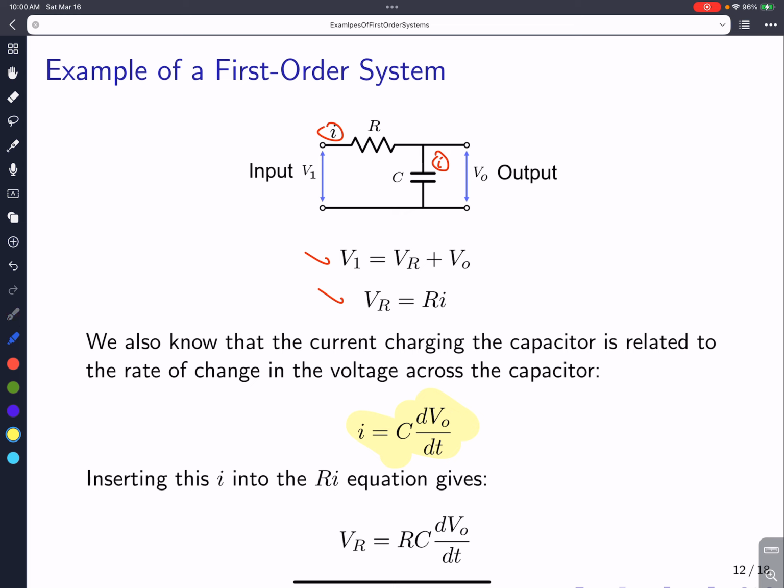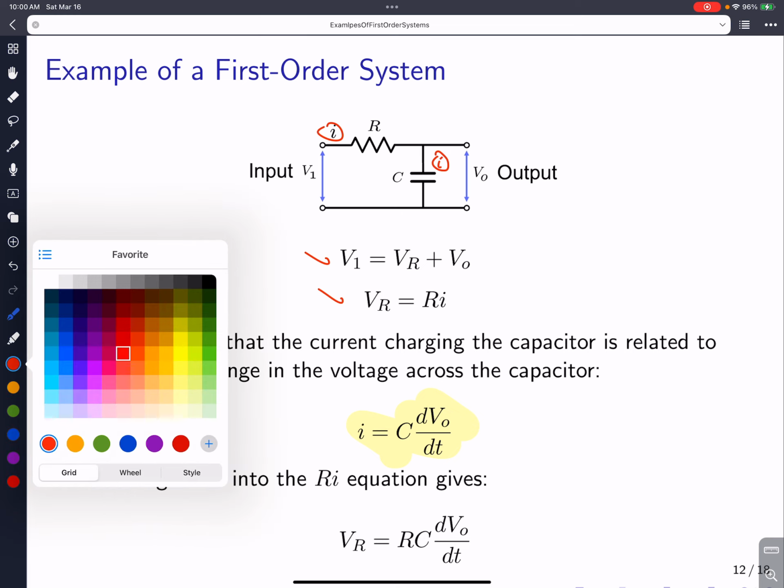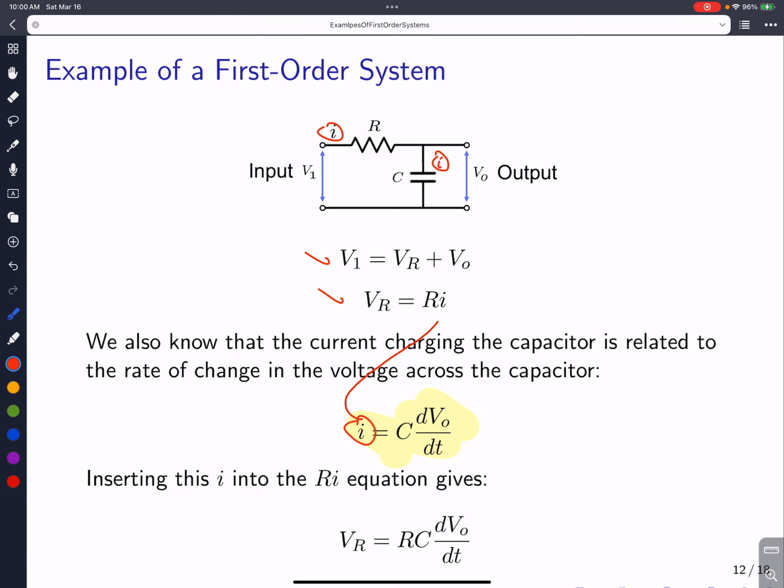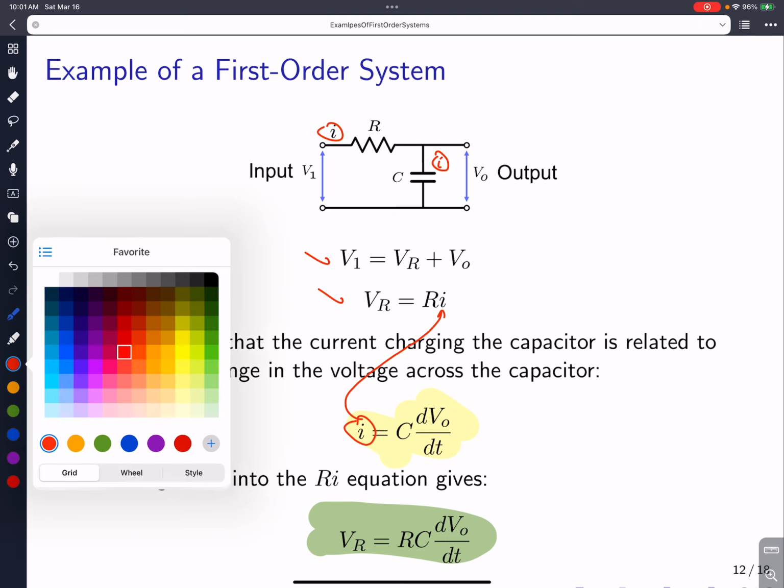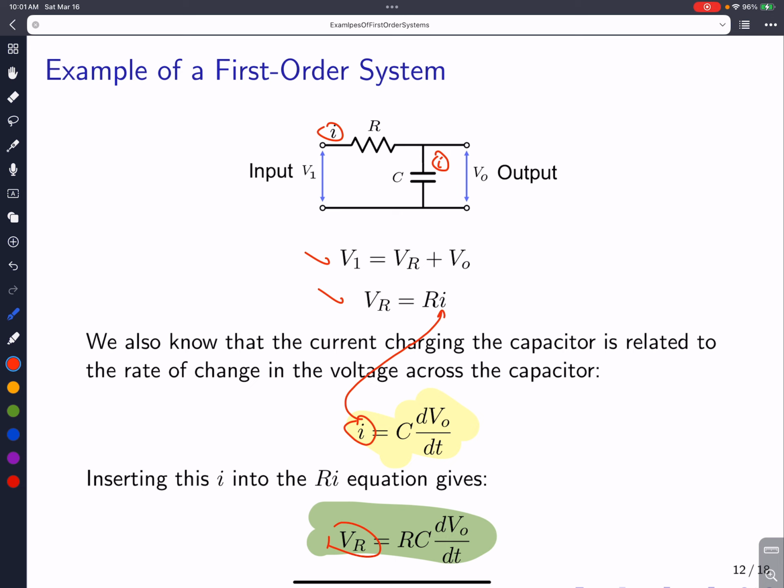Now we can insert this I into here, and I end up with this. So I have the relationship now between the rate of change of the voltage, RC, and the voltage across the resistor. Now I'd like to get rid of this voltage somehow, so that's the next thing we're going to do.